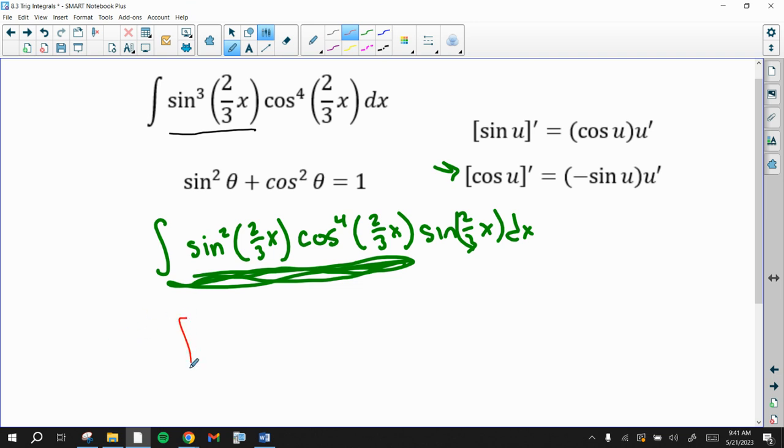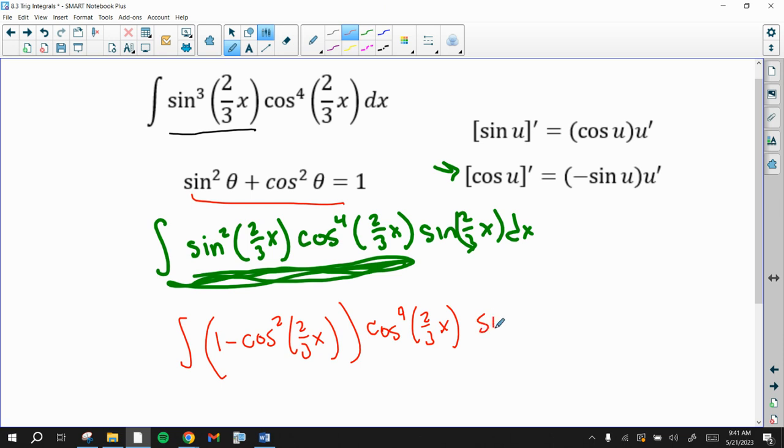I know that sine squared is, according to my Pythagorean identity, 1 minus cosine squared. That's being multiplied by cosine to the fourth, and I can distribute that.